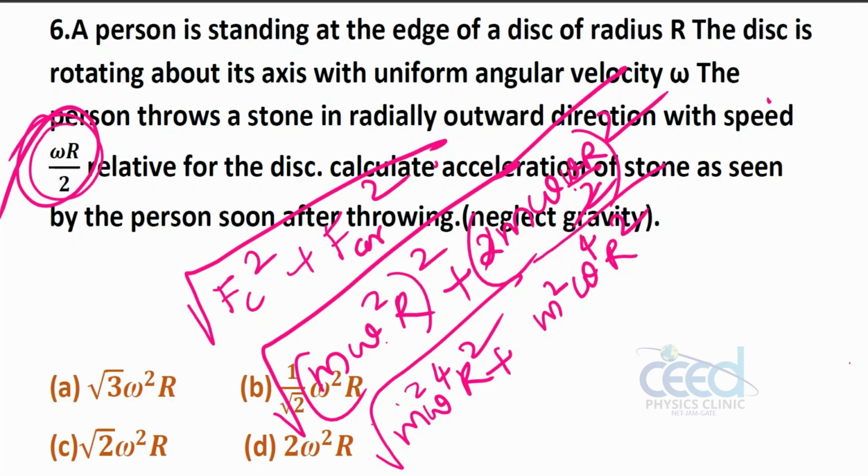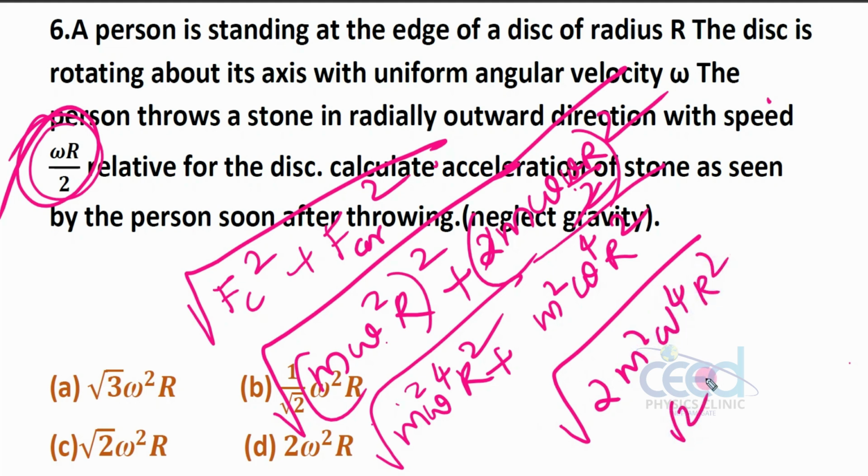This root, you can write this as 2 times m square omega raised to 4 r square, that is root 2 m omega square r, right? This is the net force.